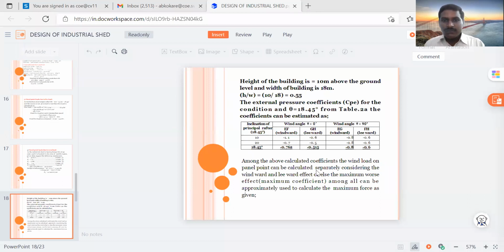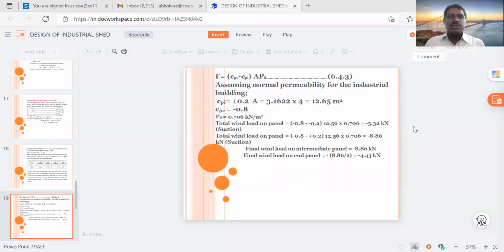Now these coefficients we have to consider while calculating the design wind force. So how to calculate the design wind force? F is equal to CPE minus CPI into A into PD, as we have discussed this formula.